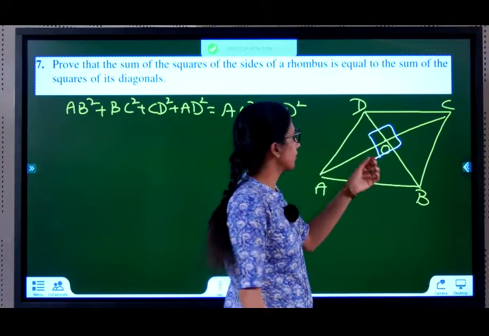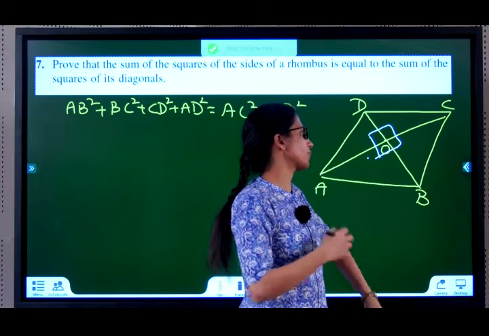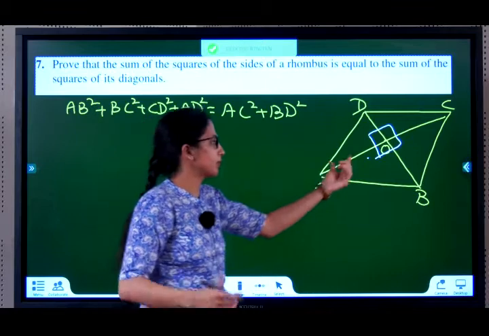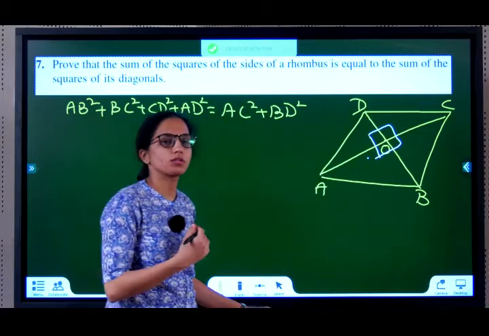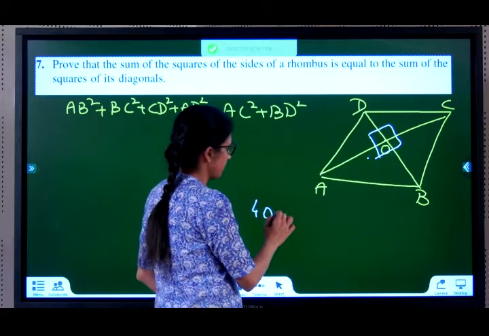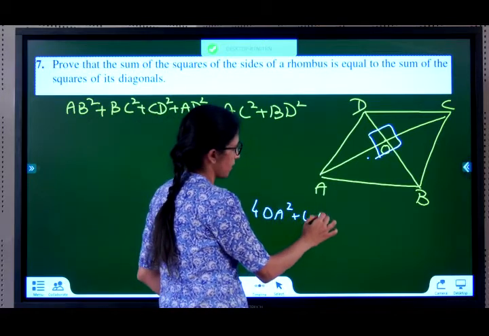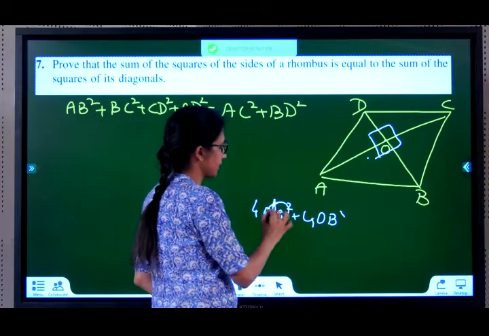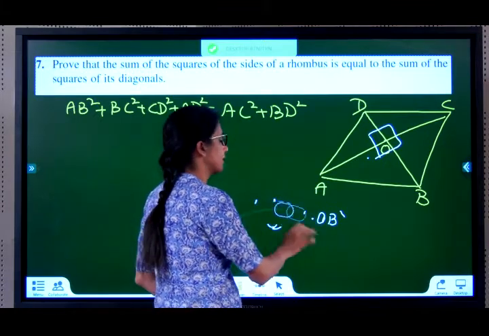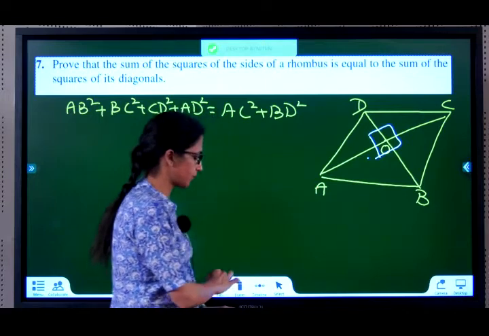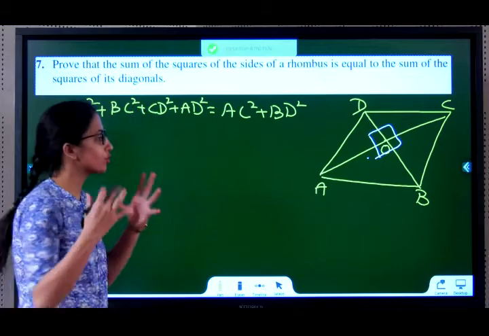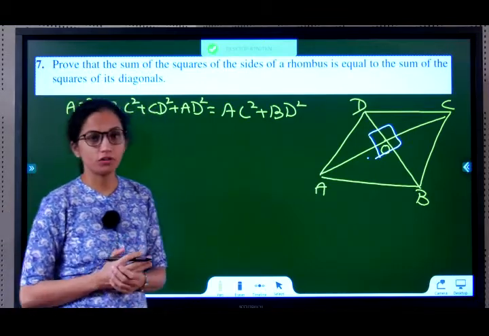Then you will get 2 times OA square, 2 times OB square, 2 times OC square, 2 times OD square. OA is nothing but OC. So, you get 4 times OA square plus 4 times OB square. OA is nothing but AC by 2. So, substitute that and you get the answer. This is one technique where you have to apply Pythagoras theorem to all the 4. It's a little lengthy and you have not used much of the tactics that we already know.